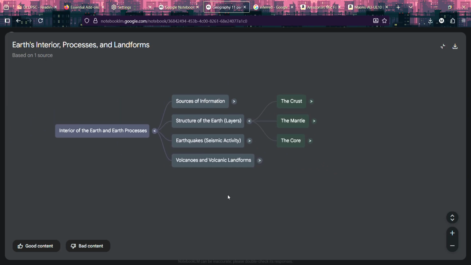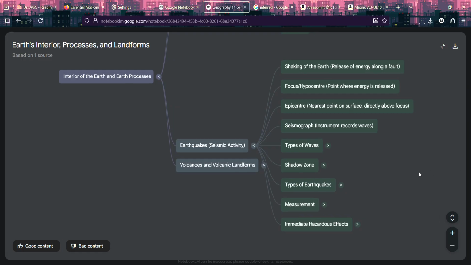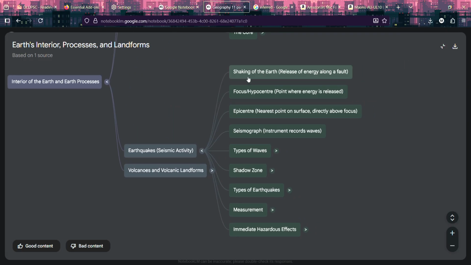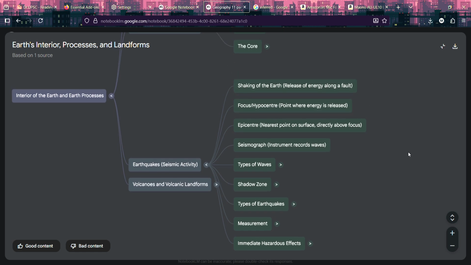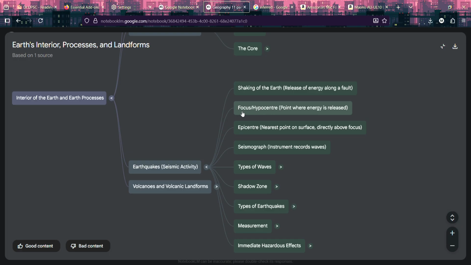Now, going to earthquakes. The basic, easiest definition of an earthquake is the shaking of the earth. The point where the energy is released due to an earthquake is called the focus or hypocenter.